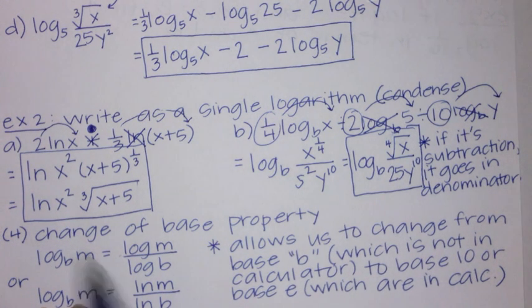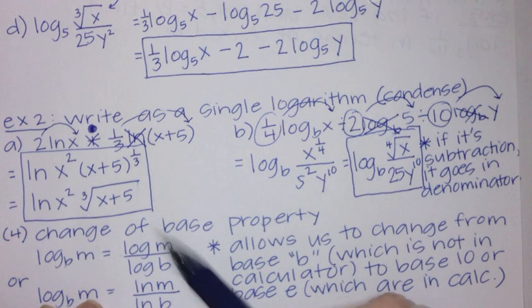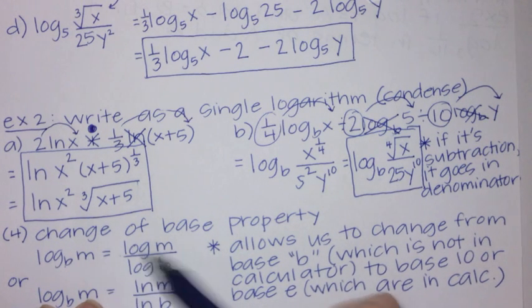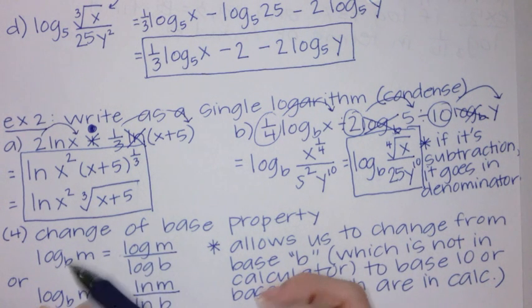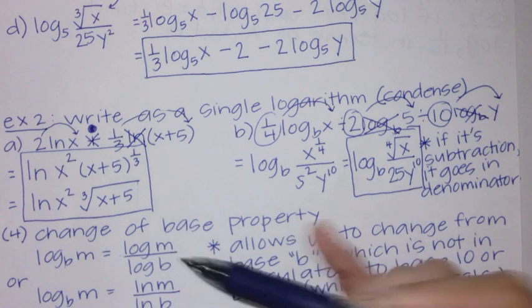The change of base property basically says if you have a logarithm of some base and you want to change it to base 10, then take the log base 10 of m and divide it by log base 10 of b. So m is your argument. The argument goes on the top and the base goes in the bottom.